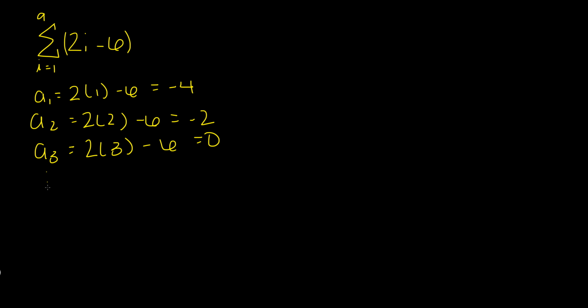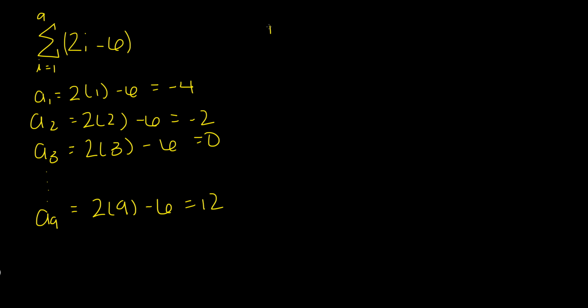And we're going to continue this all the way down to a9, which equals 2 times 9 minus 6 equals 12. Now I will fill in the numbers as we do the summation.